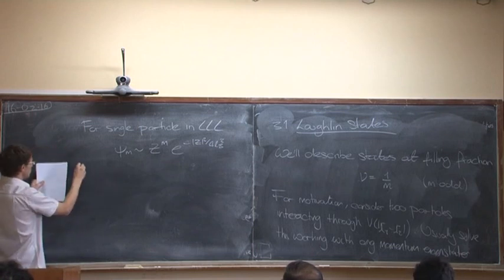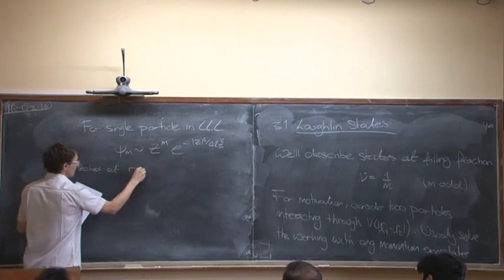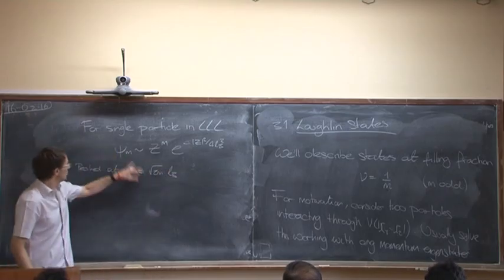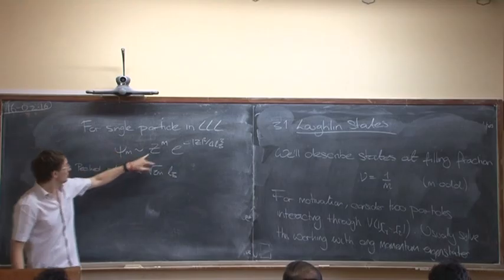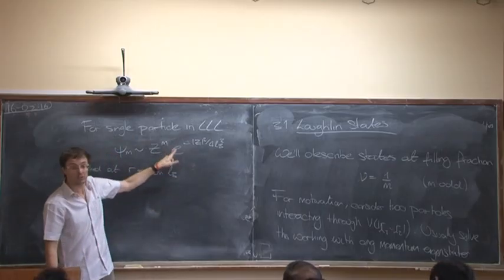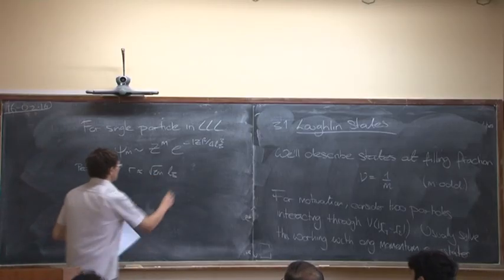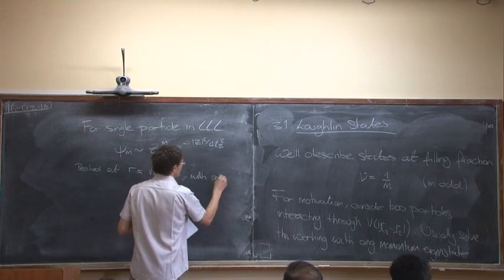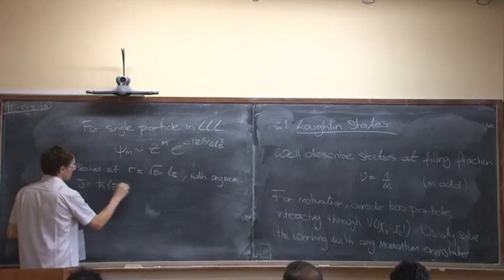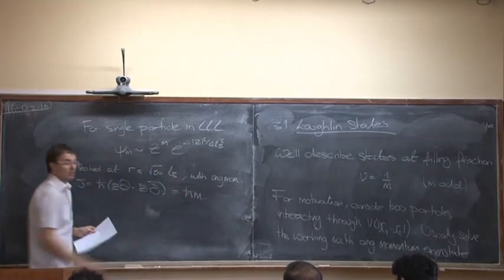If you recall, this is going to be important, this is peaked at a radius which is square root of 2m l_B. The way you see this is you look at the mod squared of this, and you notice that this makes it want to rise away from the origin, but this kills it as you go far away, so there's some competition between these two, and it's peaked at precisely this value. And this has angular momentum. The angular momentum operator is h bar (z d minus z bar d bar), and acting on this state, it's just equal to m h bar.